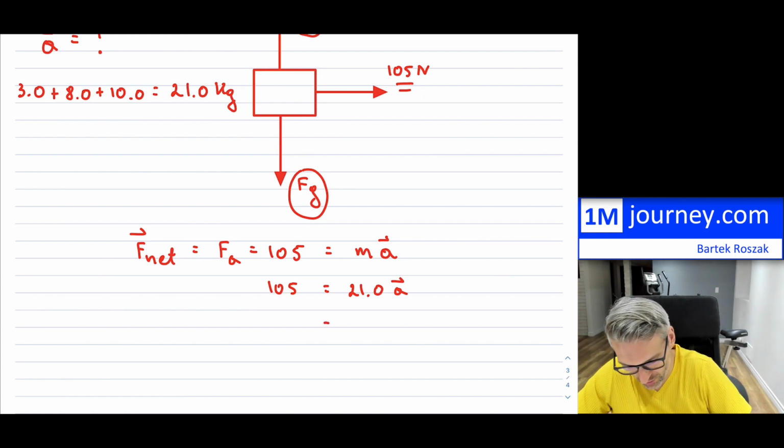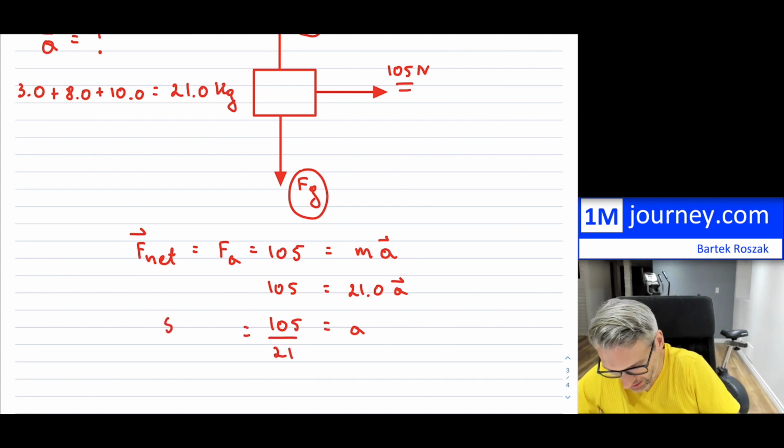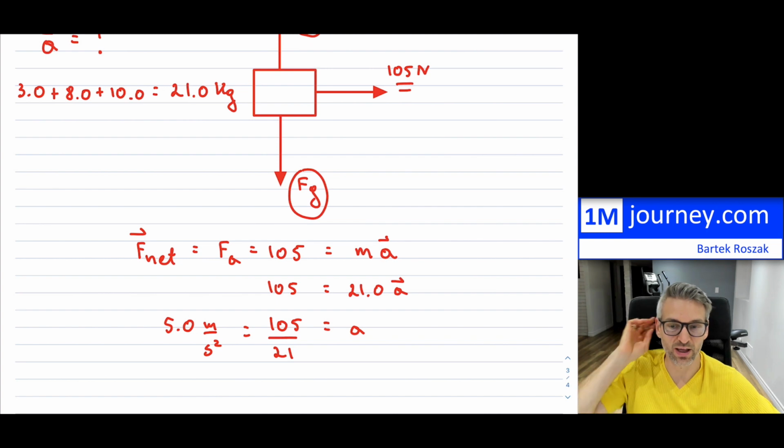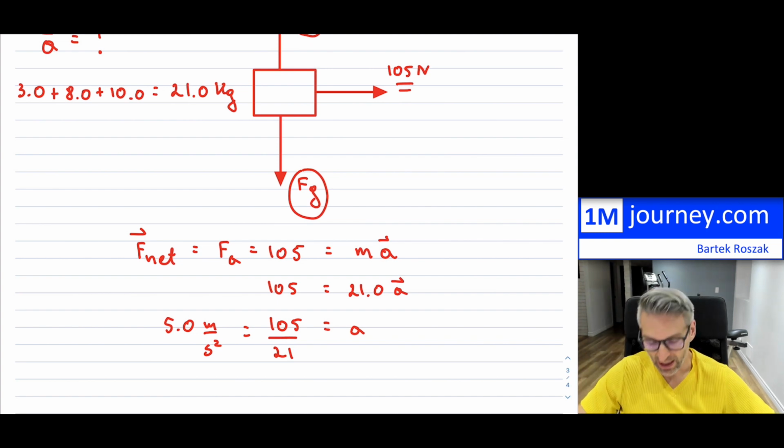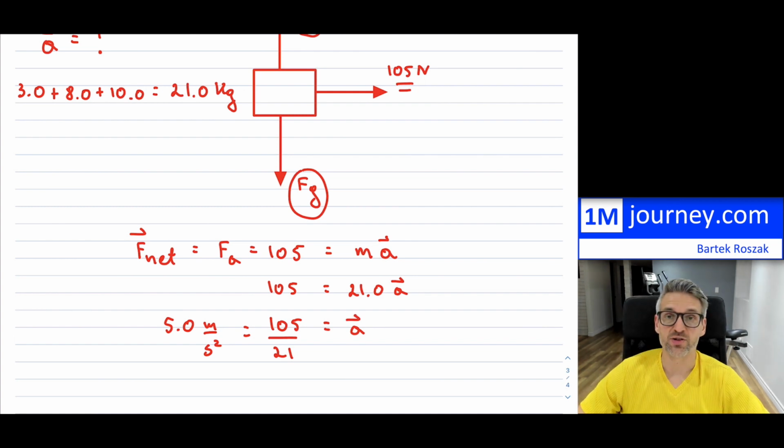Now, we can solve for A. So my A is going to be 105 divided by 21, and I guess that equals 5 meters per second squared, and you can round to whatever it is that you like. I'll just keep it with 1 decimal place in here, and it is indeed a vector, so that's 5 meters per second squared to the right.